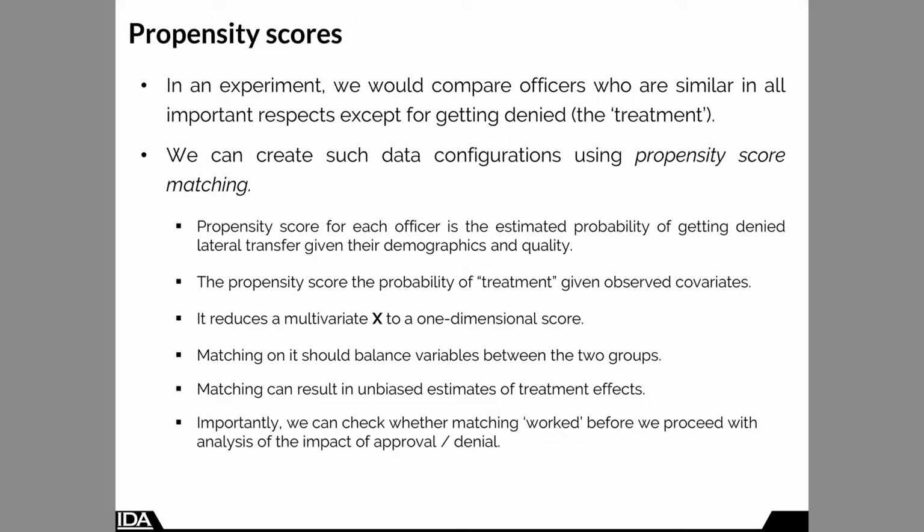And the basic gist of it is, in an experiment, what would you do? In an experiment, you'd compare subjects that have the same probability of being exposed to treatment, right? So you'd find an officer who is this much likely to get denied, but actually got approved, and this one who is just as likely to be denied and got denied, and you'd compare them, right?